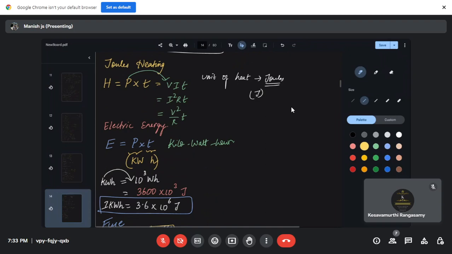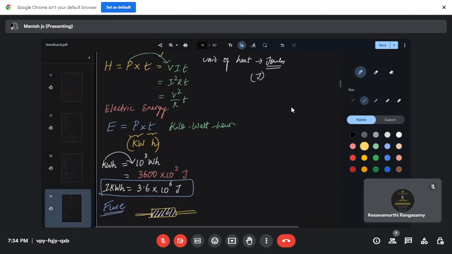Based on the number of kilowatt hours, the number of units at the end of the month would be generated, and your bill also gets generated accordingly. So it is based on the kilowatt hour, which is your commercial unit of energy. It is the unit used to identify the consumption of a particular consumer or customer on a monthly basis.